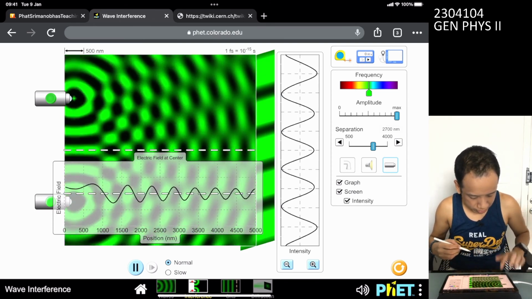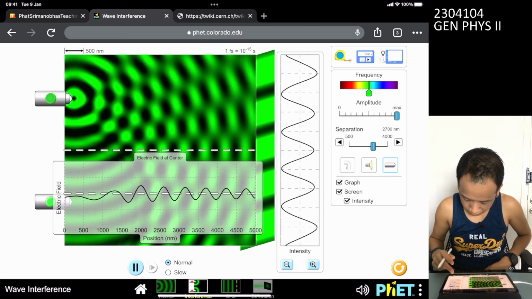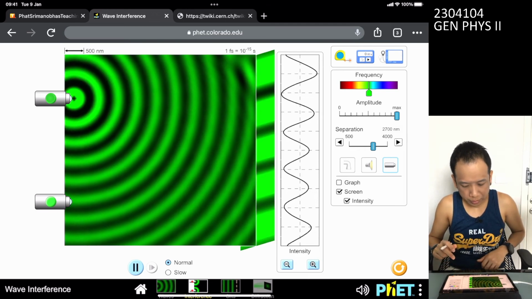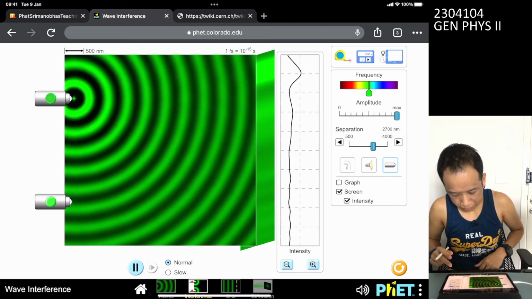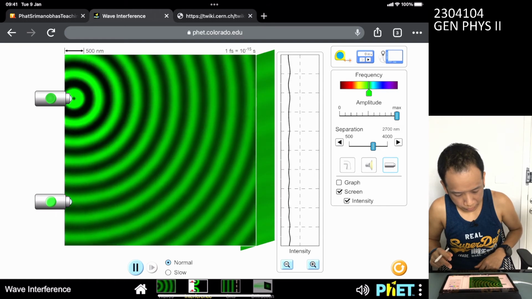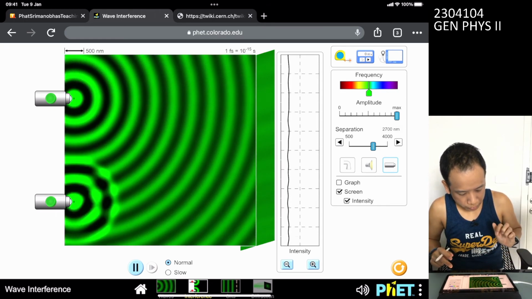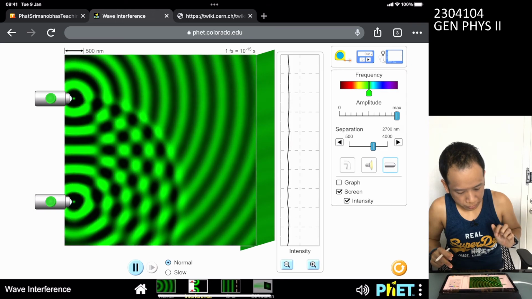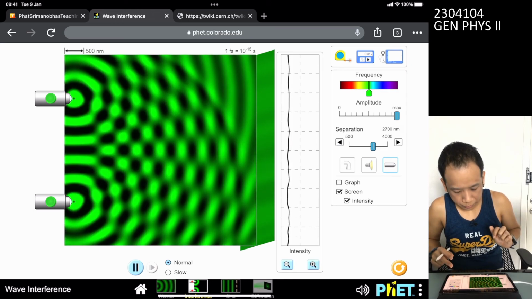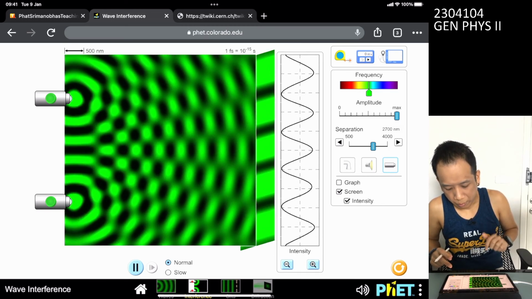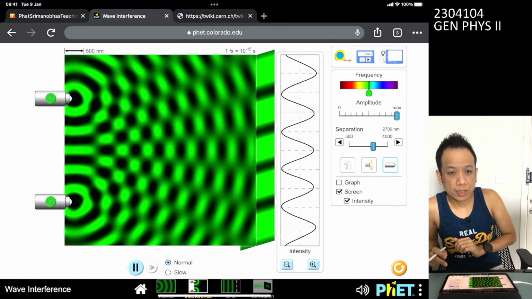Okay, let's stop one, underneath graph. Turn on 2. Let's see a bit. So you start to see the intensity. Why is the intensity roughly the same?